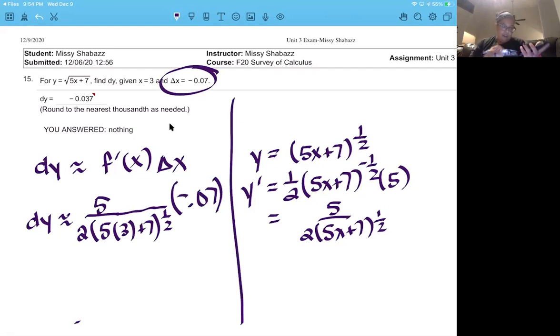So I have 5 times negative 0.07 divided by, put that in parentheses, 2, put this in parentheses as well, 15 plus 7, raised to the, and put this in parentheses, 1/2, close parentheses, close parentheses, close parentheses, whoops.